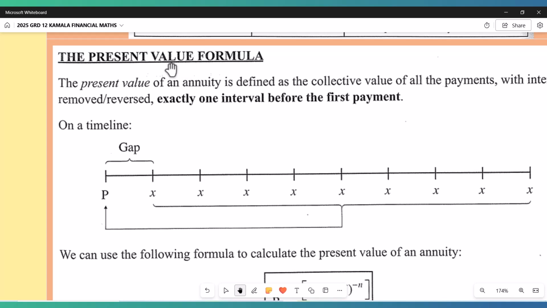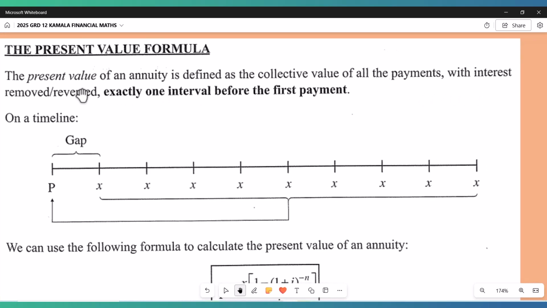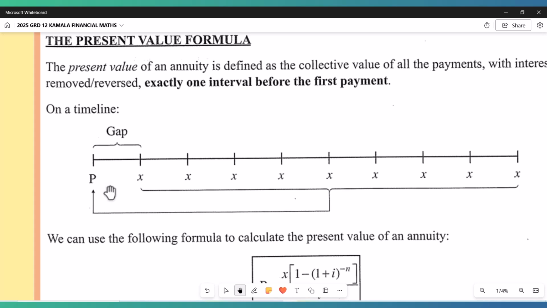The present value of an annuity is defined as the collective value of all the payments, with interest removed or reversed exactly one interval before the first payment. On a timeline, when they give you the loan, they give you the first interval, the first gap, then you start making regular payments.